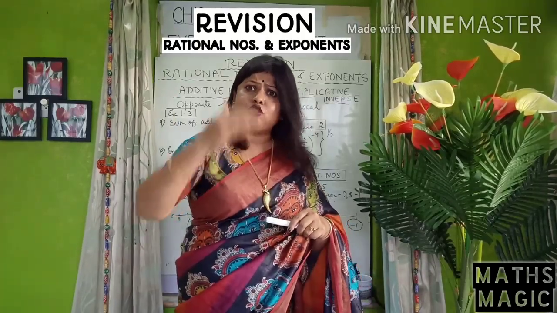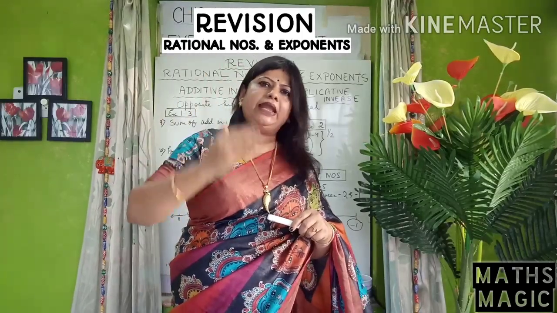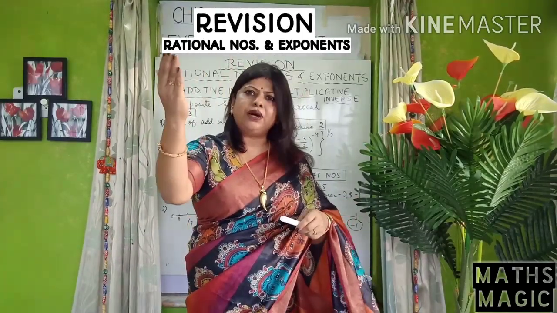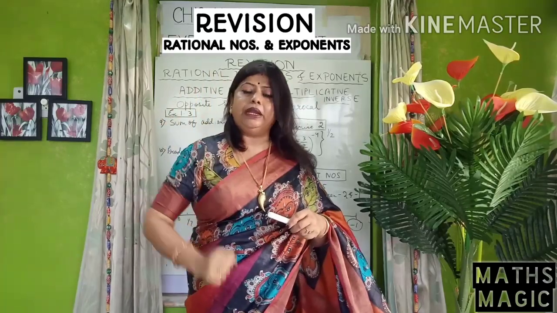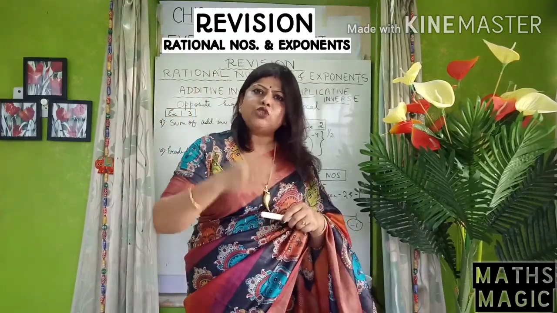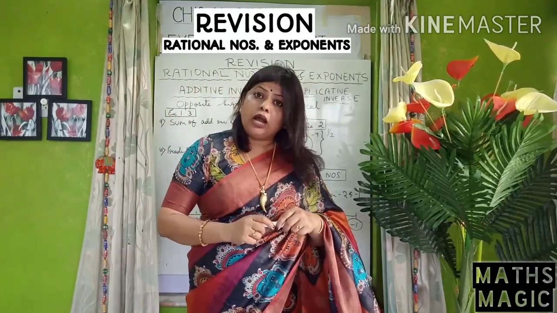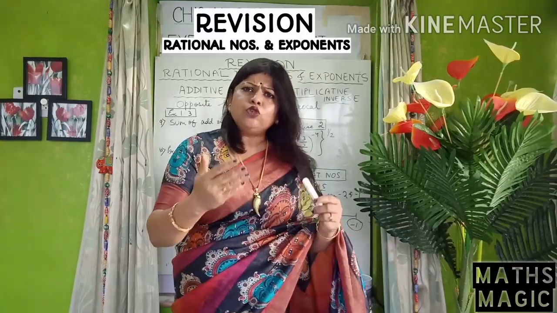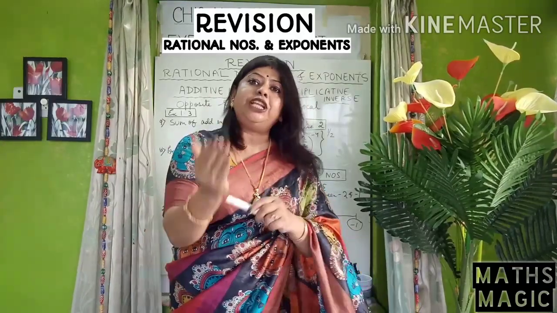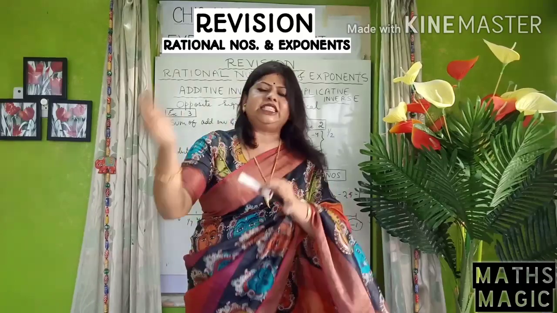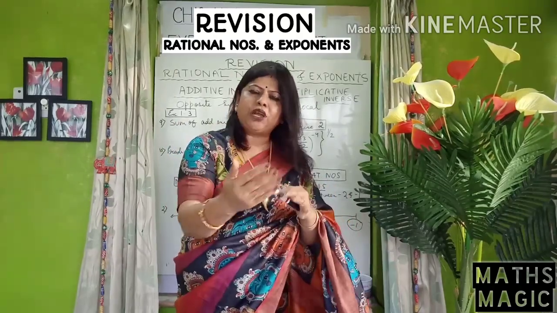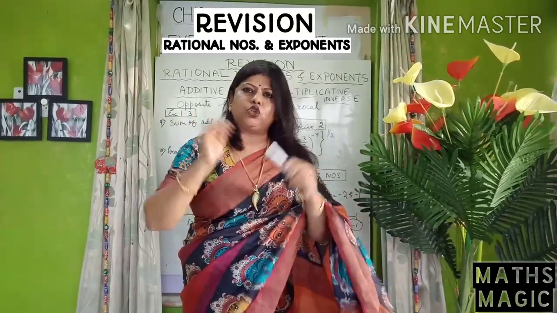You will cancel up top and bottom, corner wise, up and down, and then numerator into numerator, denominator into denominator. That is your answer. That means you have to reduce it. Now come to division. How we have to solve division? You have to change it to multiplication by reciprocating. So you have to reciprocate, change it to multiplication and solve.